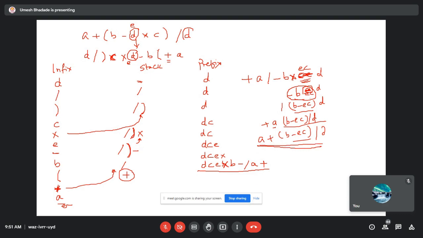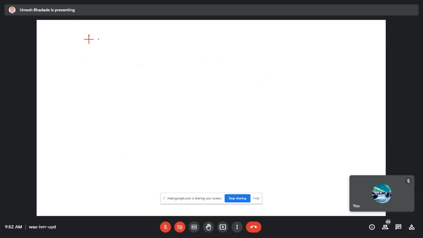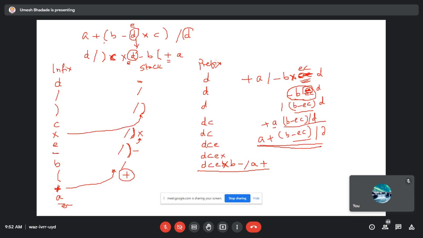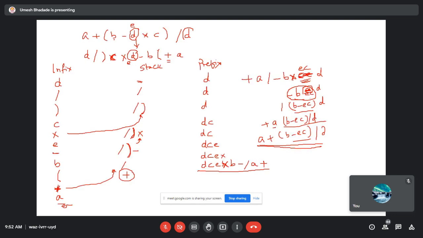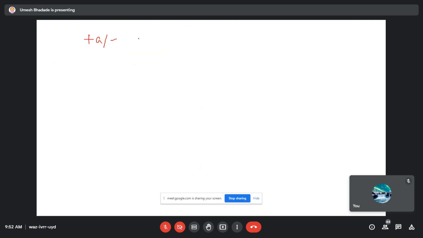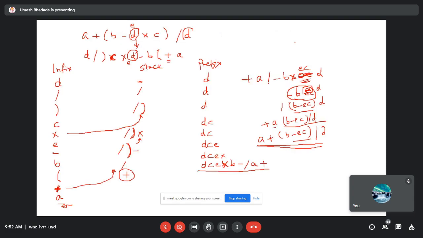What was our expression? It was plus A, slash minus B, star E C D, equals. And the expression was A plus in bracket B minus E into C divided by D. That was our expression: a plus b minus e into c divided by d.